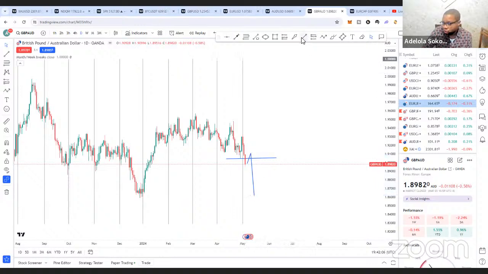As a student of market structure, you know you don't want to place a sell immediately after market open around there. That would be disastrous. I've taught you guys so many times, you don't place a sell around support and you don't place a buy around resistance. So we already have an established support.